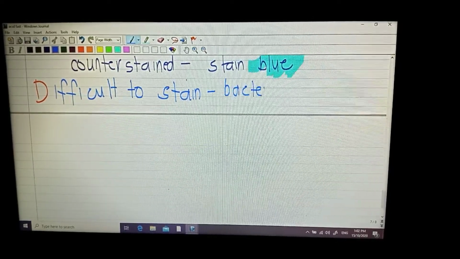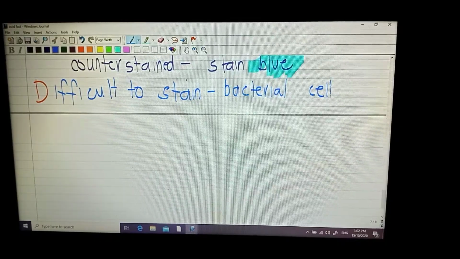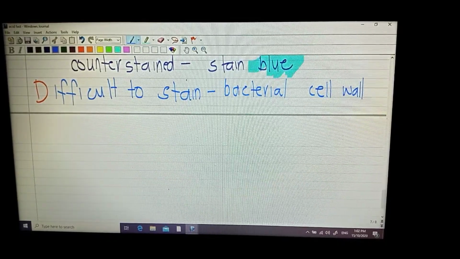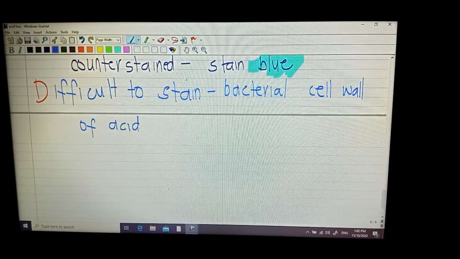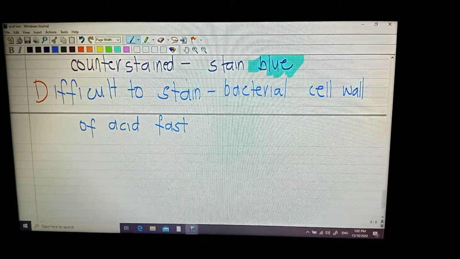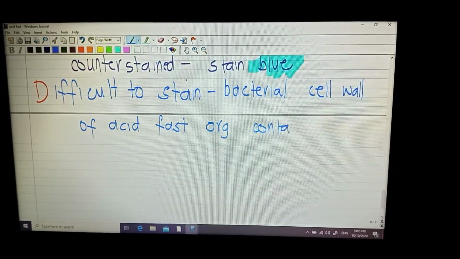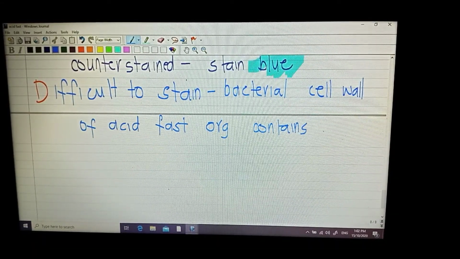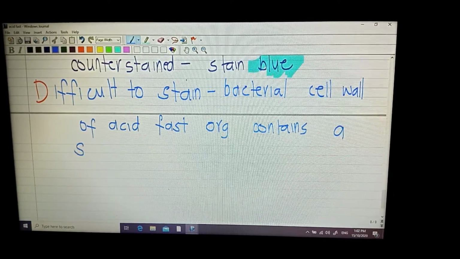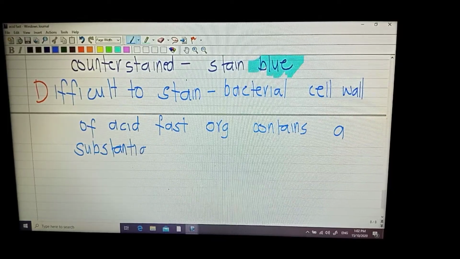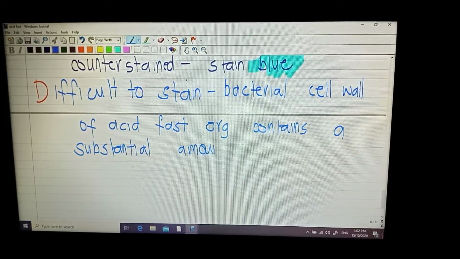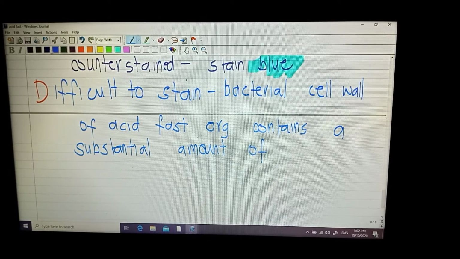Because the bacterial cell wall of acid-fast organisms contains a substantial amount of lipid material. Okay, that is the reason.